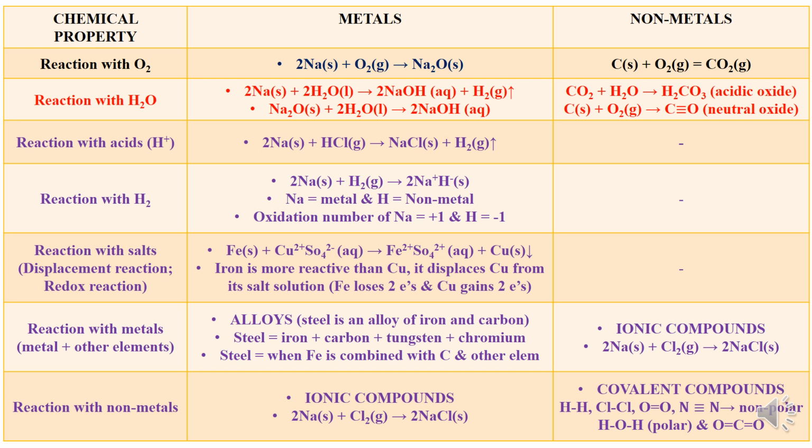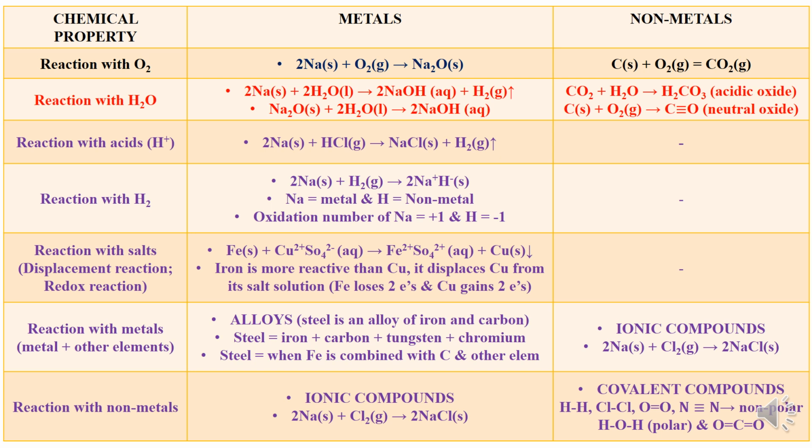Steel is formed when you combine iron with carbon and tungsten. Steel is also formed when you combine iron with carbon, tungsten and chromium. So the difference lies in the hardness. So there is variation in the hardness of these three steel materials, which varies in the number of elements that are combined, leading to formation of the alloy.